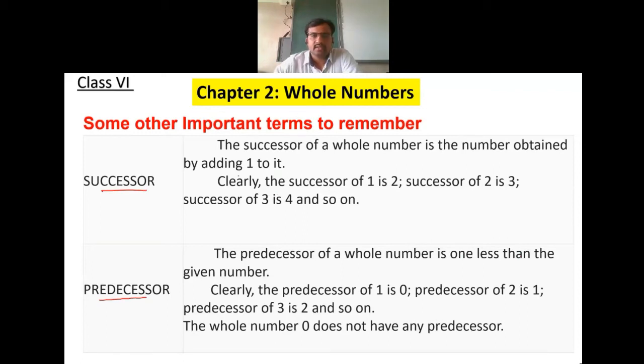Look at the successor clearly. The successor of 1 is 2, the successor of 2 is 3, successor of 3 is 4, and so on. Same way, predecessor of 1 is 0, predecessor of 2 is 1, predecessor of 3 is 2, and so on. The whole number 0 doesn't have any predecessor.